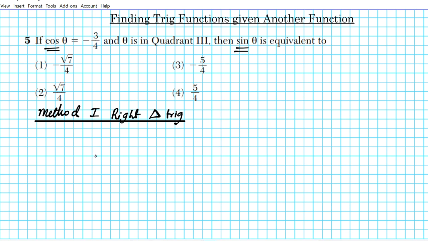Alrighty. So we're told that theta is in quadrant 3, so that tells us exactly where our triangle is going to be located. Let's draw our triangle in standard position.